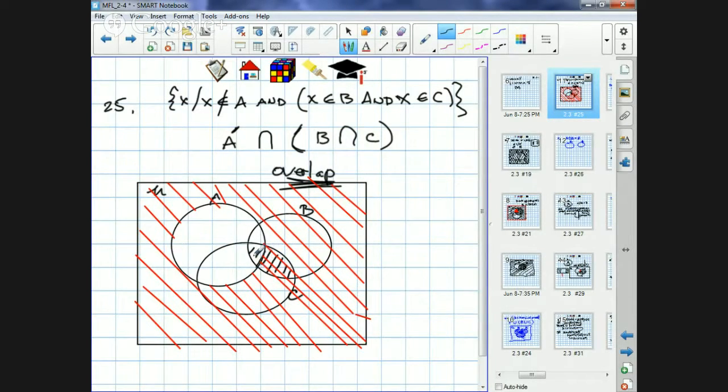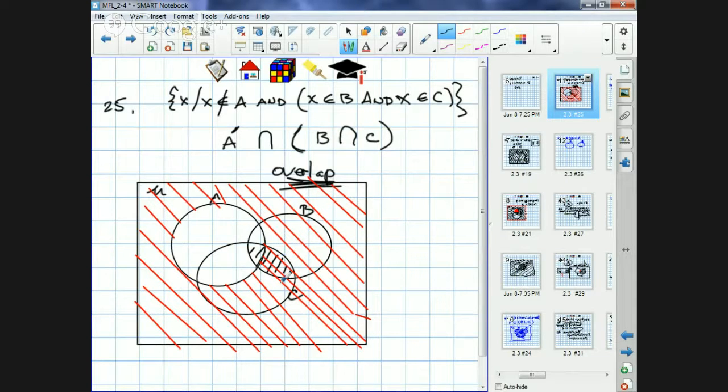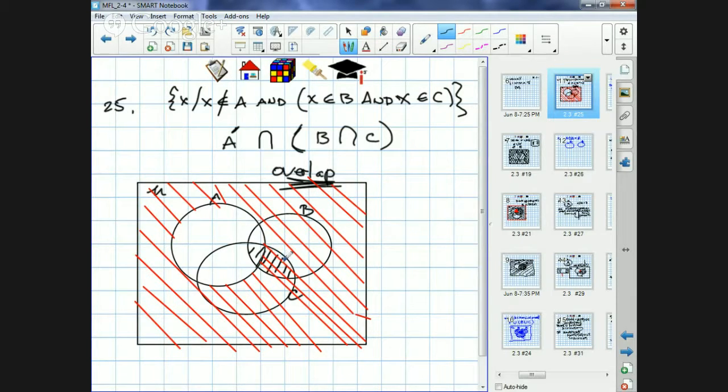See that black shading right there? That's where B intersects C. And then where does that black shading intersect the red, the A complement? That's just in this little partial football, this triangular region right here. So A complement intersect B intersects C.